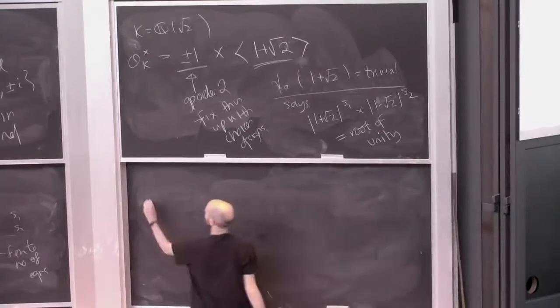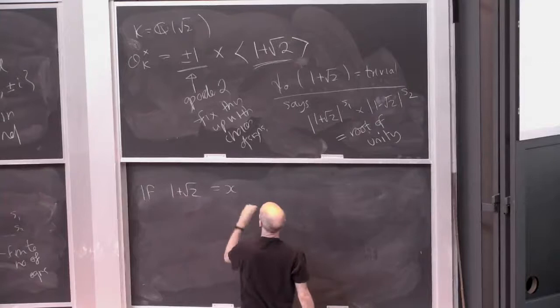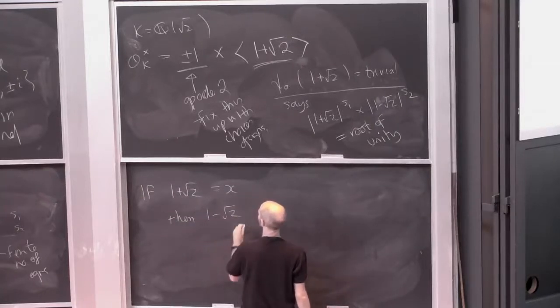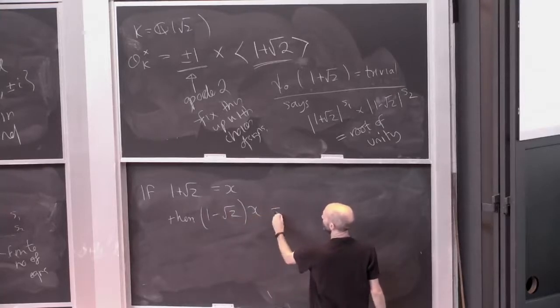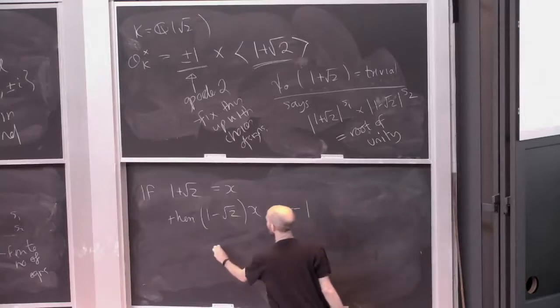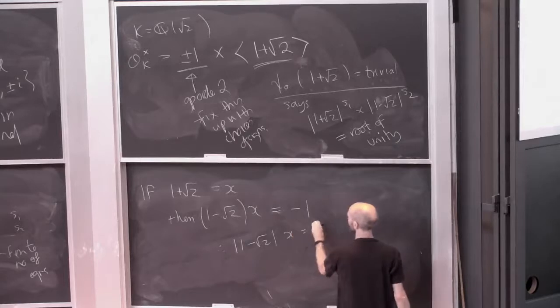So if 1 plus root 2 is x, then 1 minus root 2 times x is minus 1, right? Because it's the norm of 1 plus root 2. And therefore, the norm of 1 minus root 2 times x is 1.